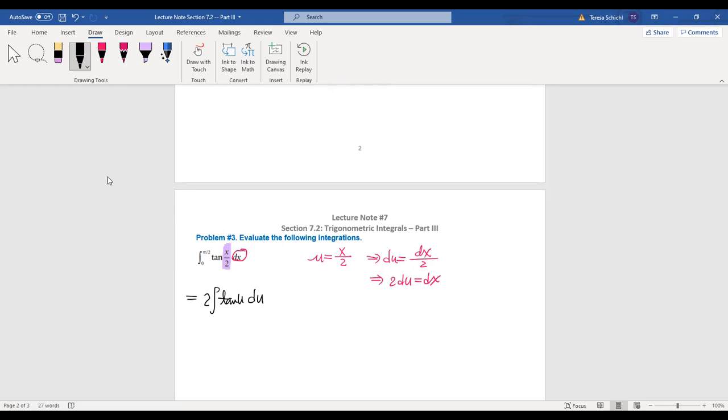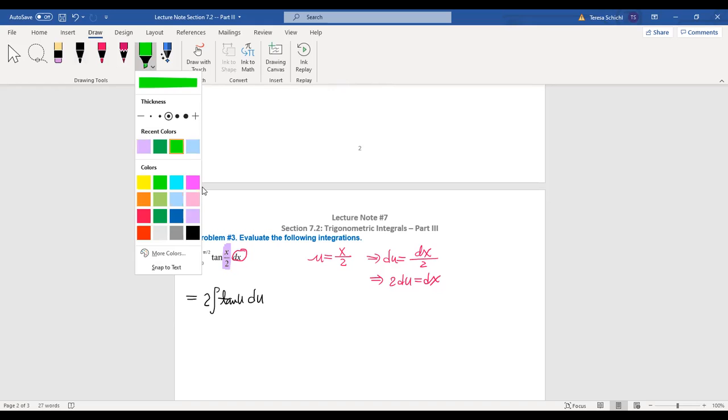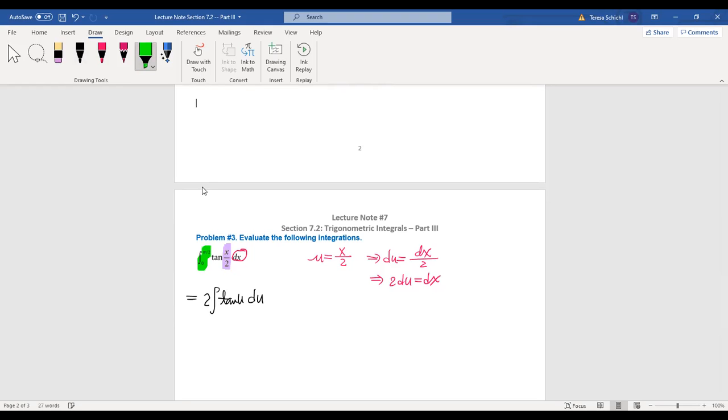One way you can do it, because here we have limits, is to replace the limits with u and find the new limits. Since u is equal to x over 2, when x is pi over 2, the upper limit becomes pi over 4, and the lower limit will be equal to 0.